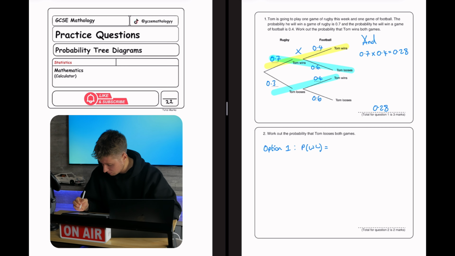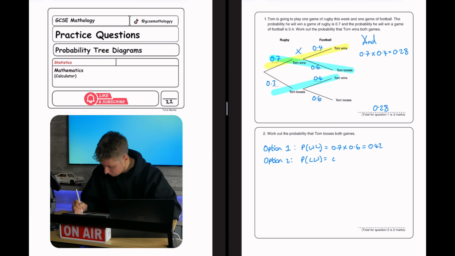So again, we're going to multiply along the branches. So 0.7 multiplied by 0.6, and this is equal to 0.42. And then we've also got option 2, the probability of losing and then winning.